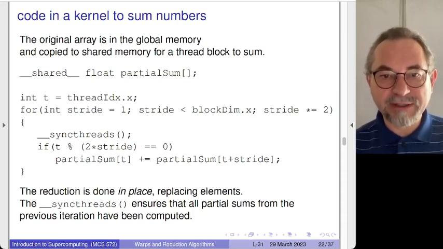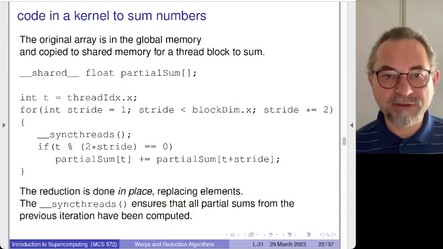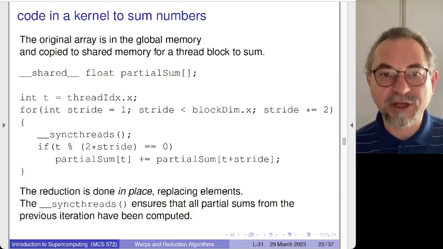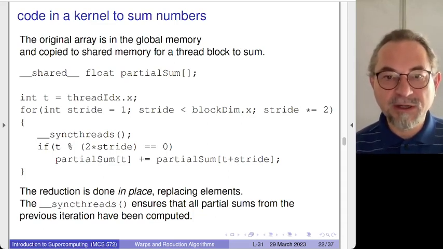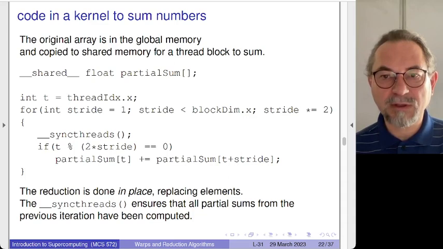So every thread in a block has a unique identification number that will sum up the numbers in its thread. The stride is limited by the block dimension. The stride doubles in each step, starting at 1.